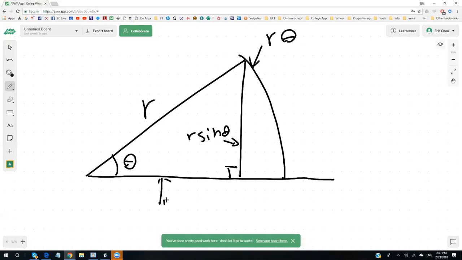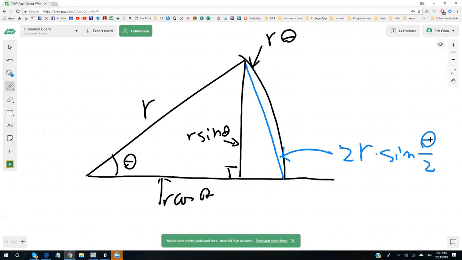The length of this guy is r cosine theta. There's a blue one up to here, right? The length of this guy is 2r times sine half theta, right?